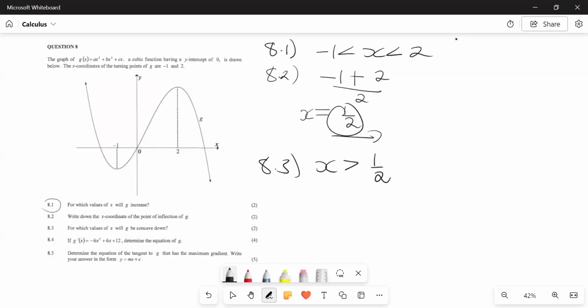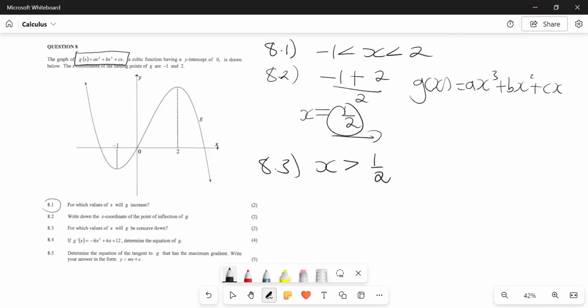They gave us this standard formula there, right? Which is g of x equals ax cubed plus bx squared plus cx.